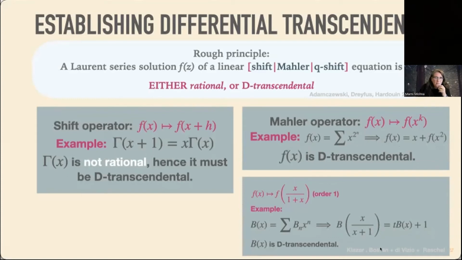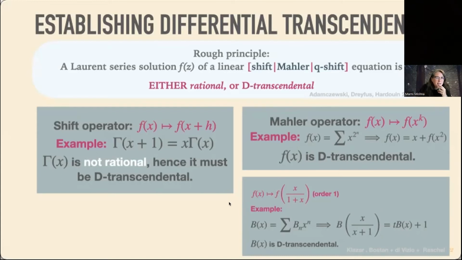Although it follows from some other things as well, Bostan, Dreyfus, and Raschel have a recent paper which looked at this operator explicitly. Again, we have the same sort of thing: if you satisfy this kind of equation, then either you're trivial, by which I mean rational, or you must be differentially transcendental.